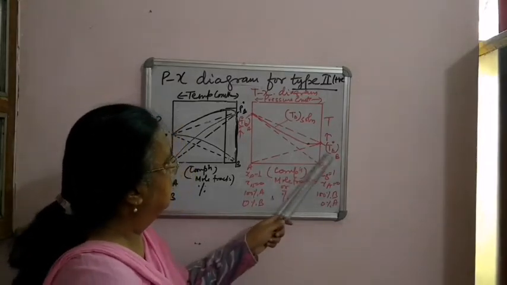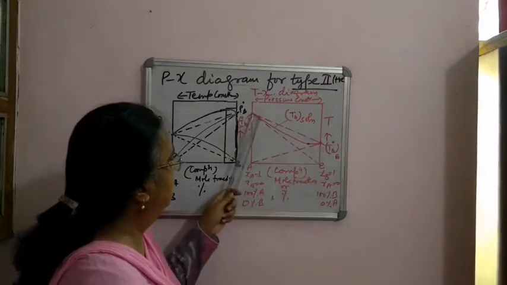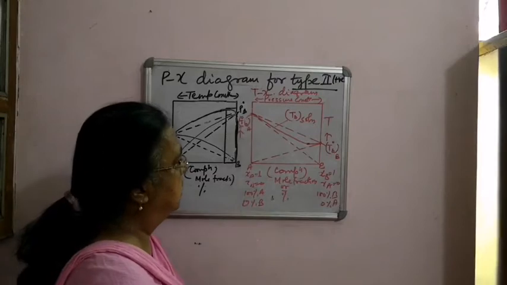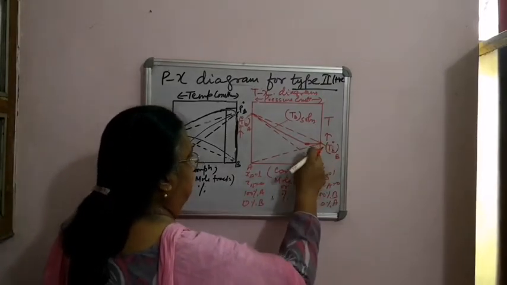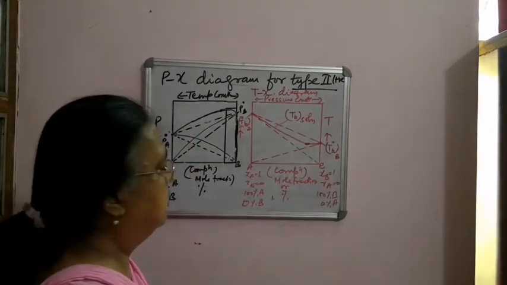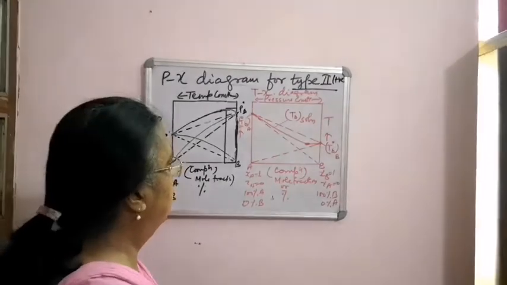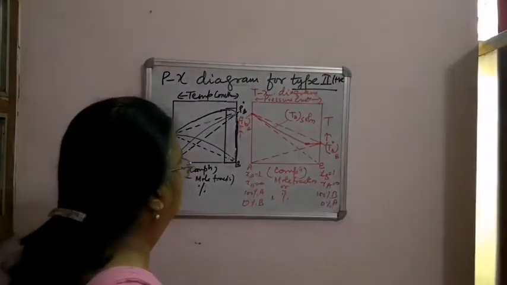One component has so much boiling point and the other so much. So the solution will have a boiling point less than that of the more volatile pure component, the one with the low boiling point.